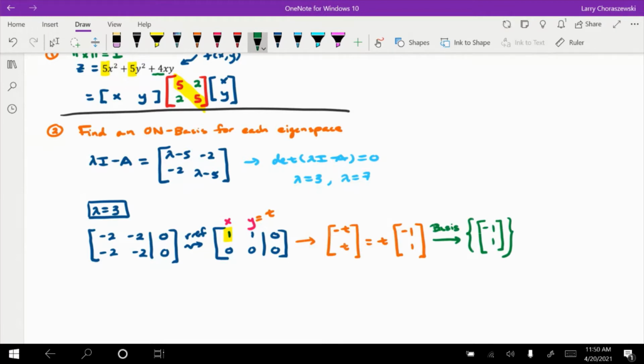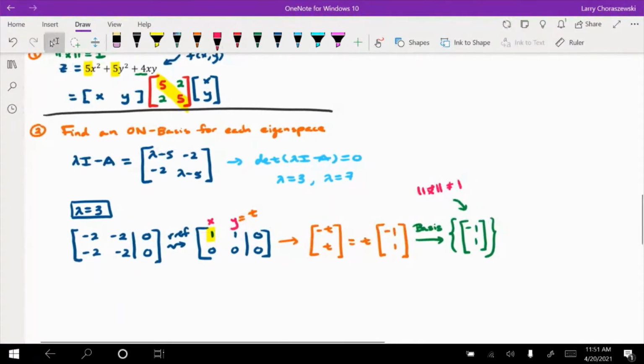But is this the appropriate basis to use? So this vector doesn't have a norm equal to 1. I'll say it this way. The norm of that vector x does not equal 1.